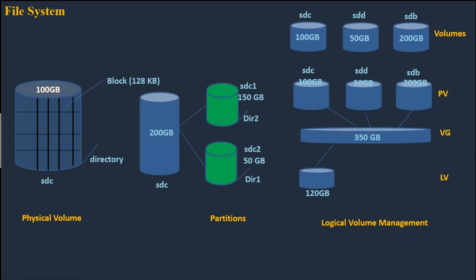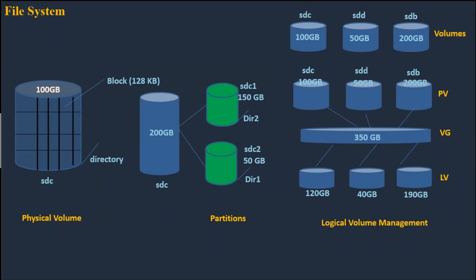Good. That way, you can create multiple logical volumes of your desired sizes. Now I can create one more logical volume with 40 GB. I can create one more logical volume with 190 GB. It's up to you what sizes you create the logical volumes in. So indirectly, yes, all these logical volumes are actually using the space from your physical volumes only. But the advantage you get here is you don't need to worry about actual physical volume sizes.